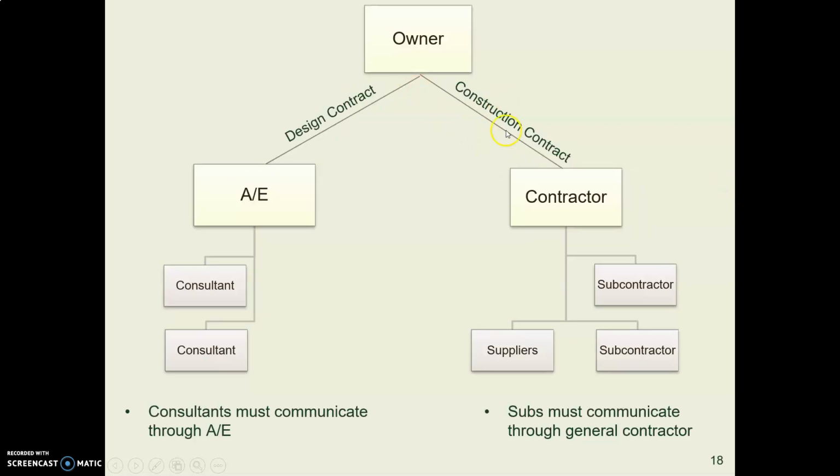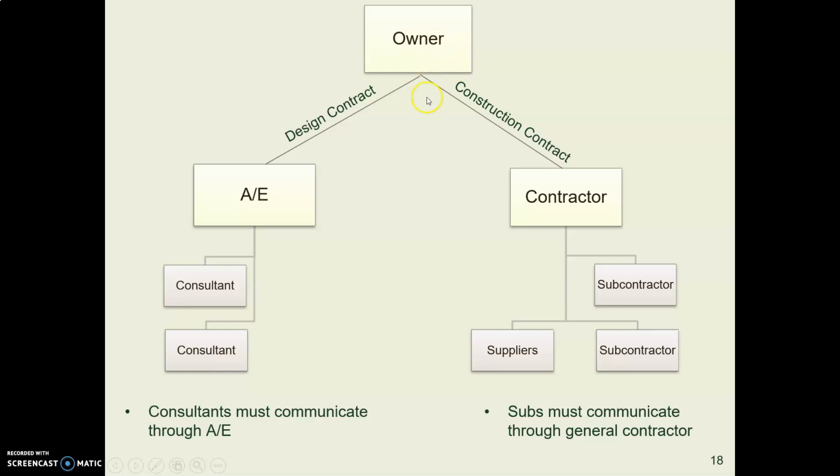Oh, I should say one more thing. I might have mentioned it earlier, but I'll mention it again. When it's agreed that construction is going to start, the architect becomes the owner's representative, and the owner is no longer involved in communicating with the contractor, and therefore the subs or anybody else.